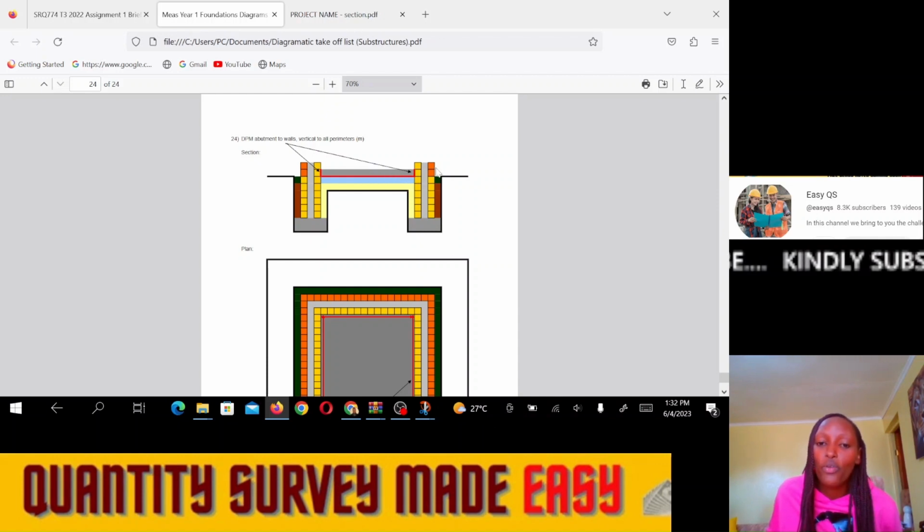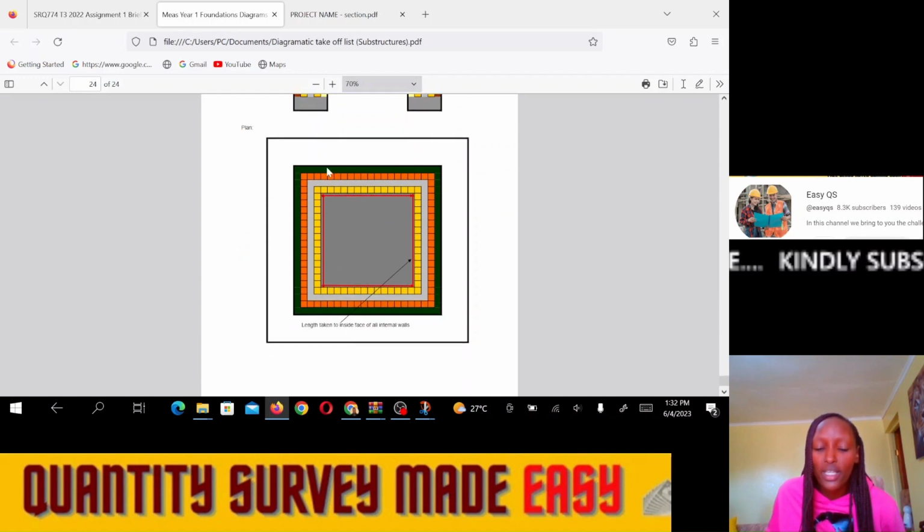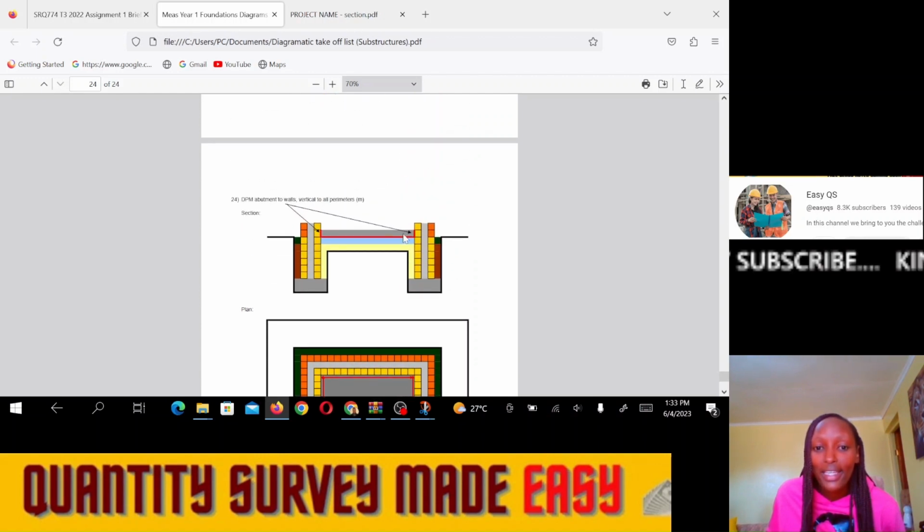Okay, this is before we get to the DPC. So these are vertical DPM that we shall do. We usually calculate it by taking the length to the inside face of the internal walls. So we shall take the total perimeter of the internal walls. Then that length is usually the length of the DPM because it's usually measured in linear meters.